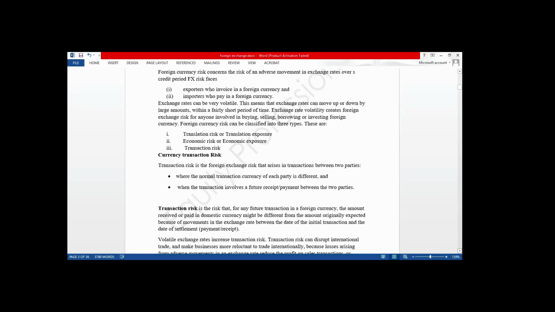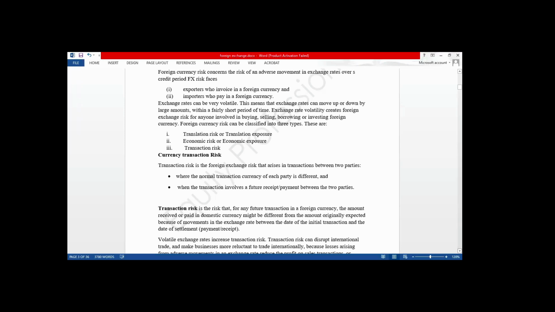The transaction was entered into today, 22nd of April. We are to make payment in July. Timing difference now, because there's a timing gap.